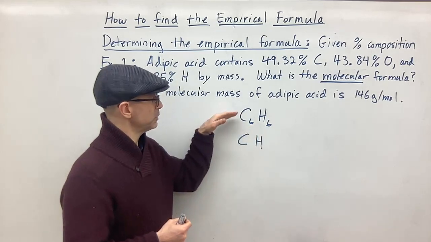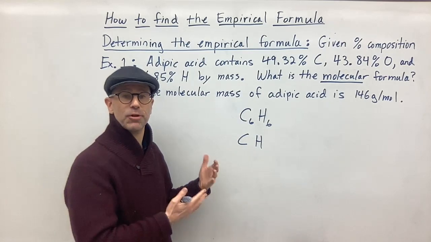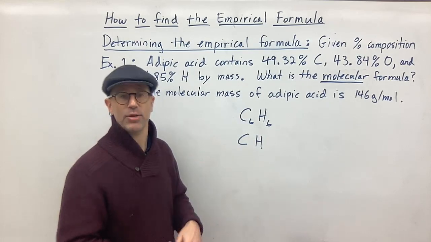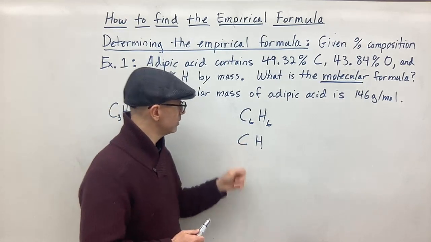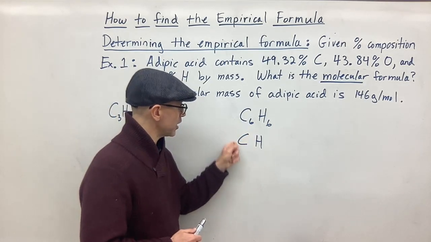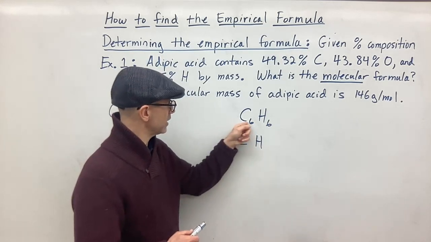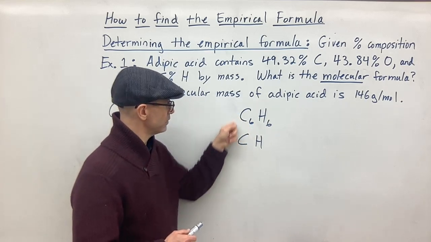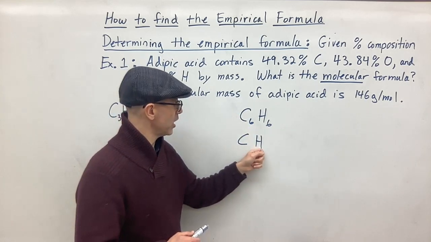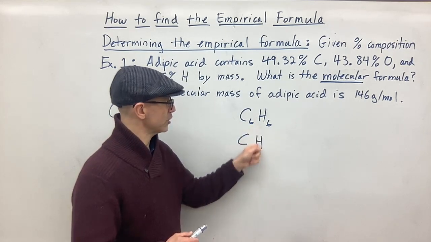So the molecular and empirical formula are going to differ by some factor, and you have to find that factor. Well, look here. The amount of mass of carbon here and the mass of carbon here differ by a factor of 6. And the same thing here: the mass of hydrogen here and the mass of hydrogen here differ by a factor of 6.